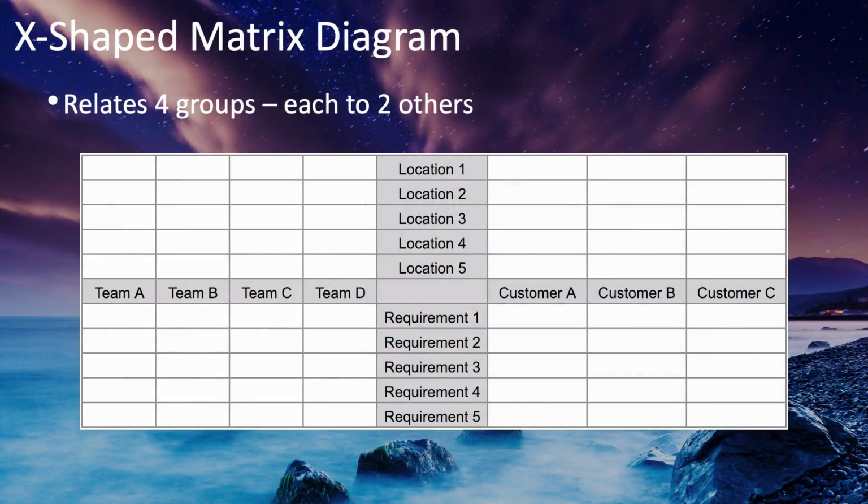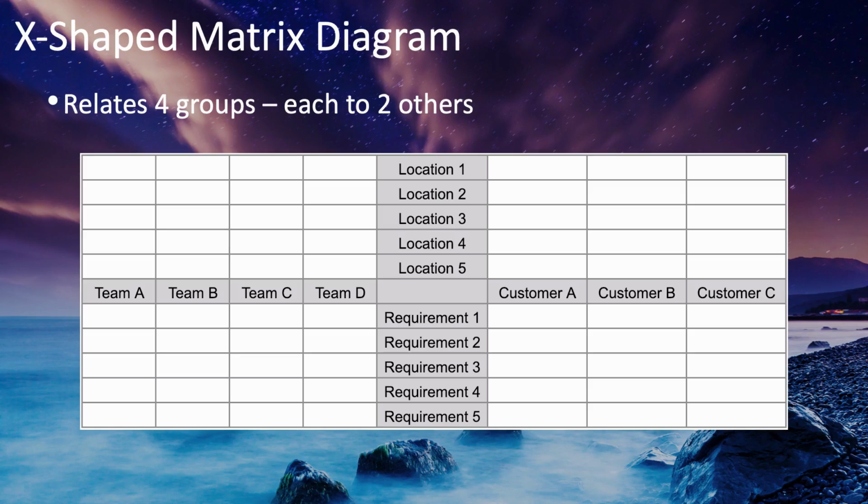An X-shaped matrix has labels forming a cross or X shape. It relates four different groups of variables. Each group is related to the other two out of the other three. In this case, customers are related to requirements, customers to locations, teams to locations, and teams to requirements.